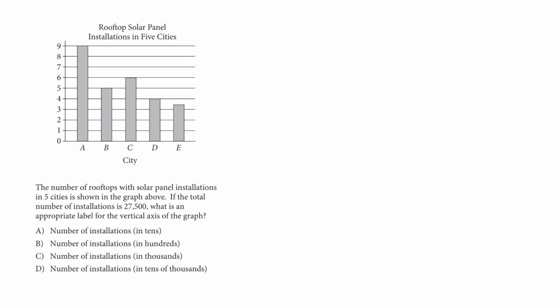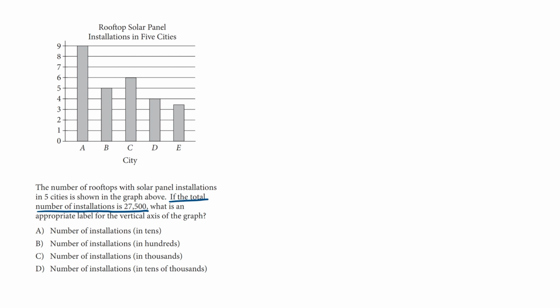So if we are told that the total number of installations is 27,500, we need to know how we should label that. All of our installations here added up will give us 27,500. So if we're looking at our numbers, we can kind of take a guess as to what this may show. If we look at our answer choices, we have number of installations in tens.